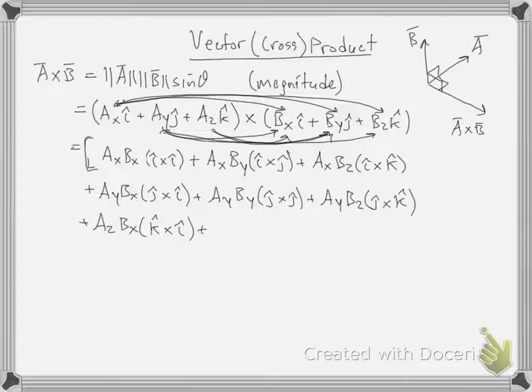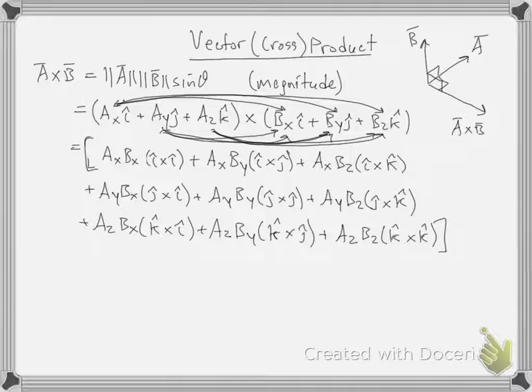This one, AZBY, with K cross J. Almost done. And then the 9th and final term, AZ with BZ. If this looks like one hell of a mess, believe me, it is. But let's reduce this down to make a little more sense of it.